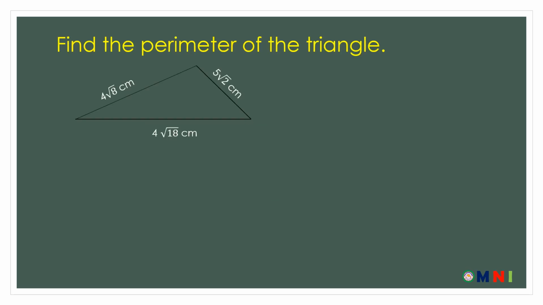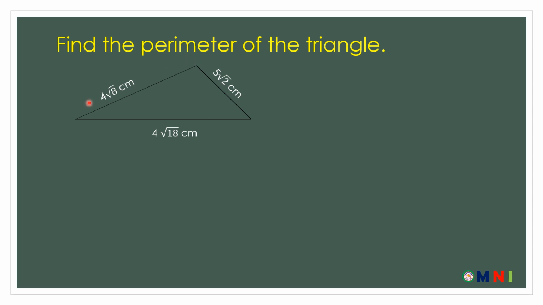And of course, we are going to apply this kind of situations also in real life problems. So we have here a triangle, and we are tasked to find the perimeter of the triangle whose sides are these given measurements. Now, how do we define a perimeter?